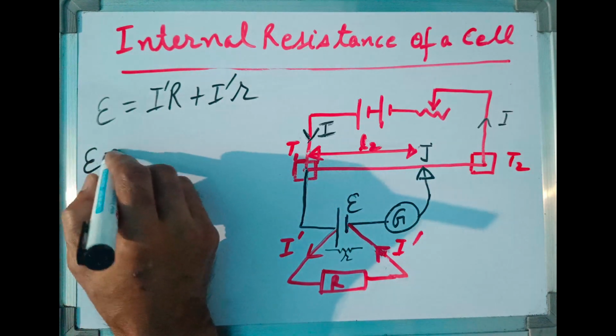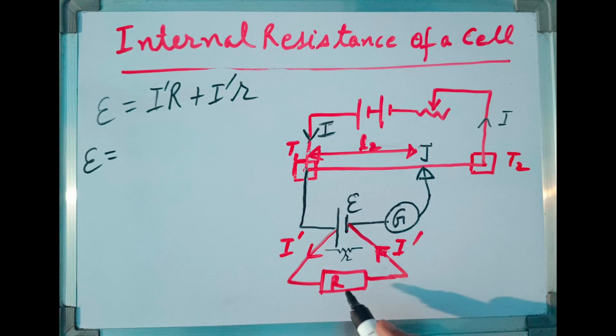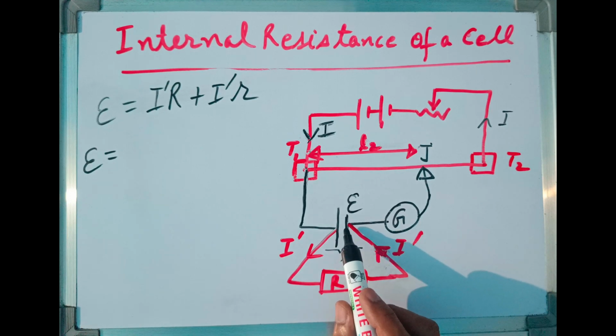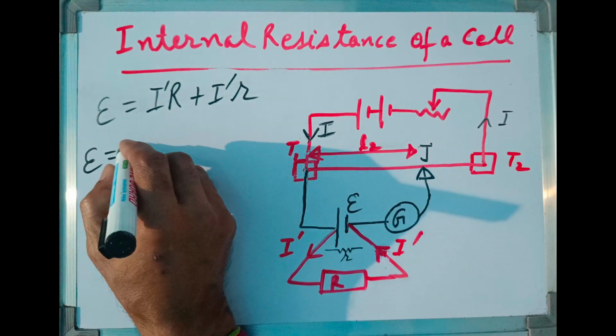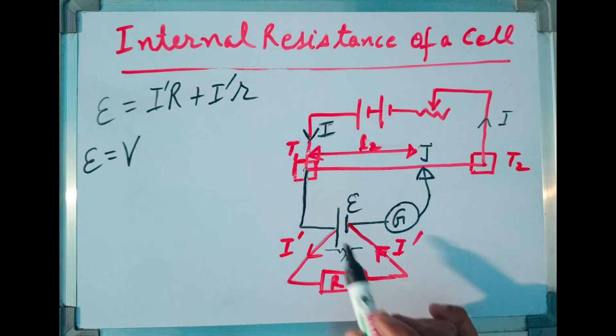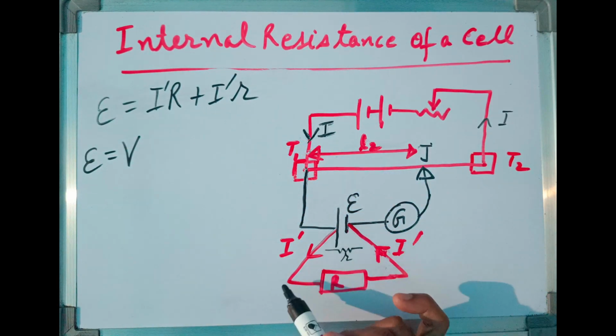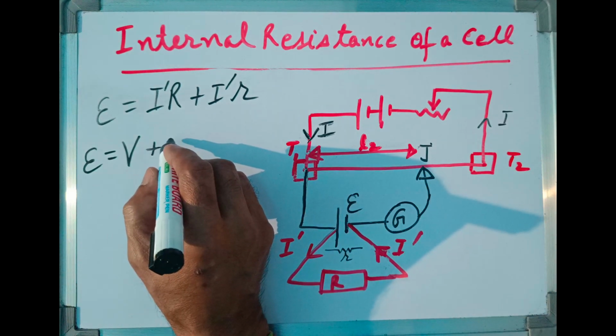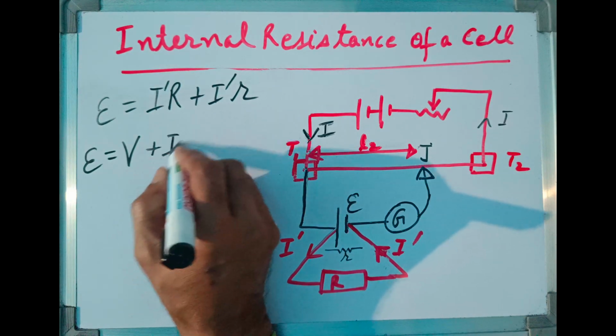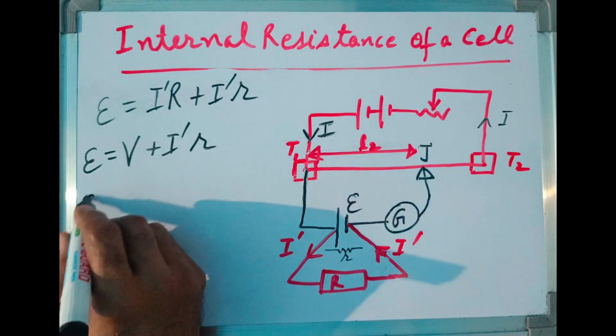Now I dash into R is the potential across this resistance. This potential is the same as the potential across the cell, so this I dash R can be replaced by capital V, the potential difference when current is drawn from it, plus I dash small r.